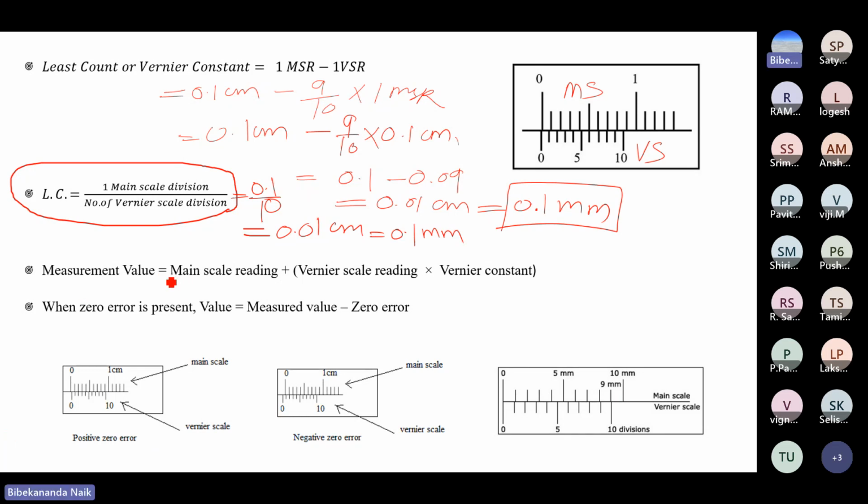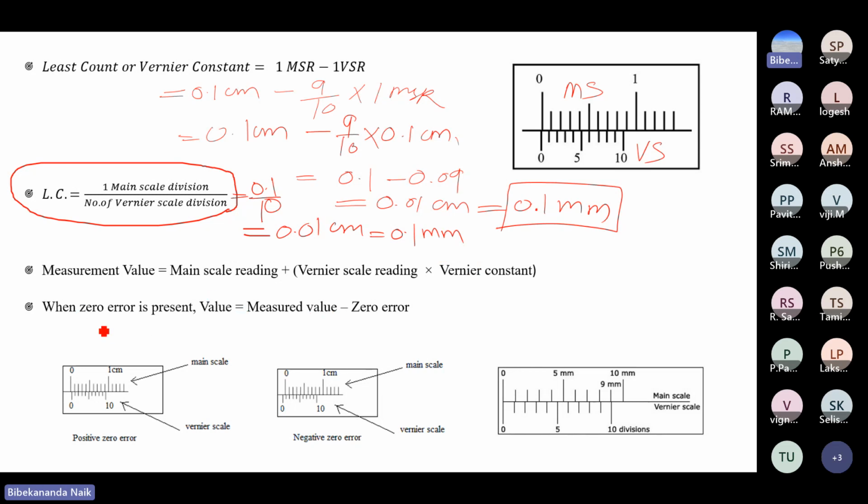The measurement value will be main scale reading plus vernier scale reading into vernier constant. The vernier scale reading is the number of divisions of the vernier scale that coincides with any one division of the main scale. We'll be solving a few problems, and I will tell you what the actual thing is.